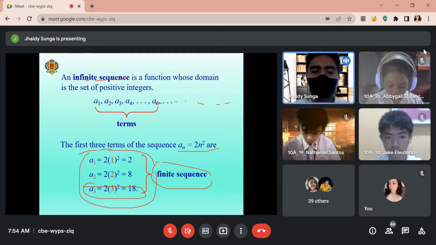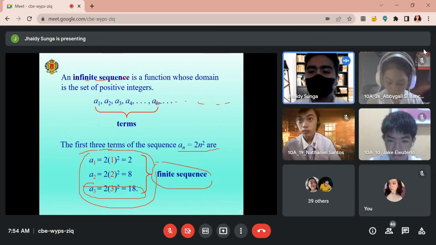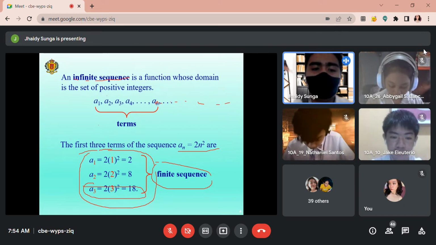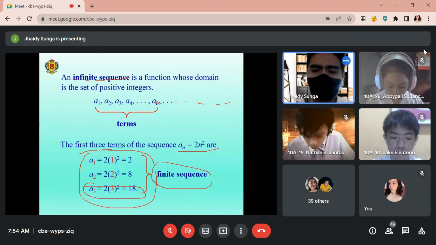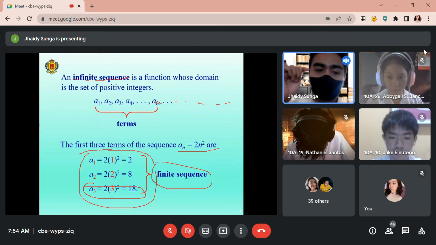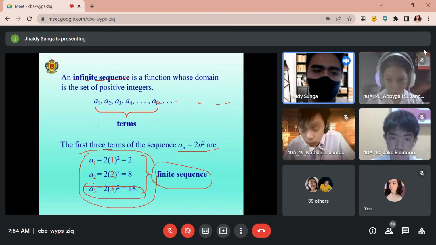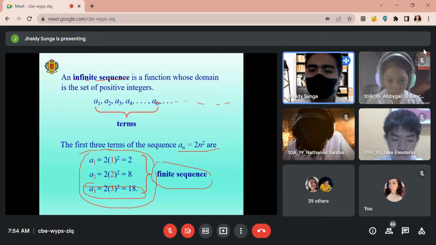Are you done copying, for those who are copying? For those who want to copy, please take a screenshot of the passage. I will be teaching you how to screenshot. Maybe aside from print screen, you could press Windows Shift S in your laptop or desktop.